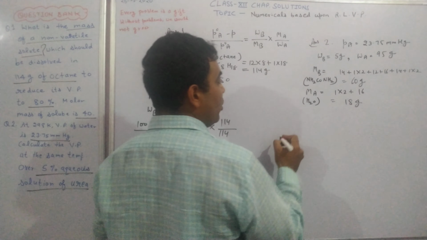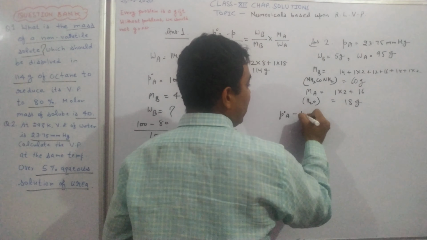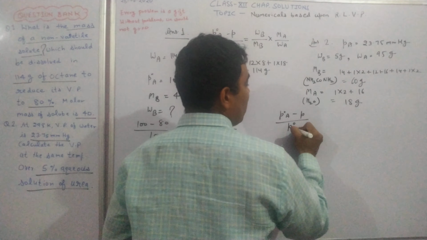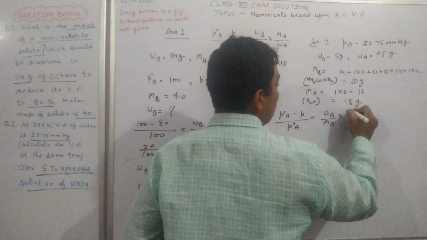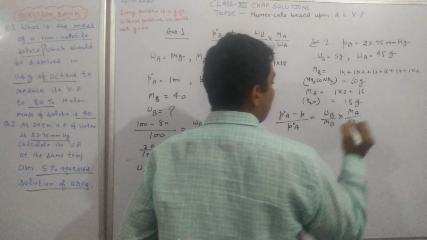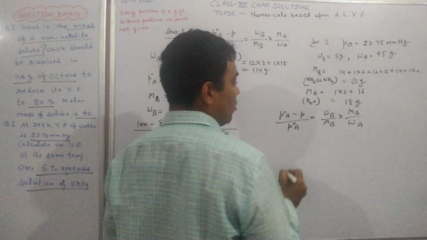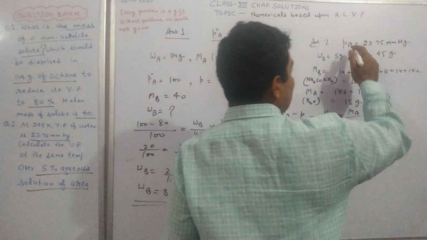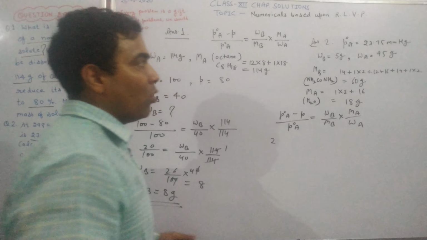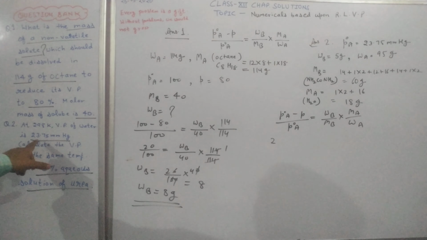So we will put the values in our equation: P naught A minus P divided by P naught A equal to WB by MB into MA by WA. This is P naught A because we are taking water in its pure state.